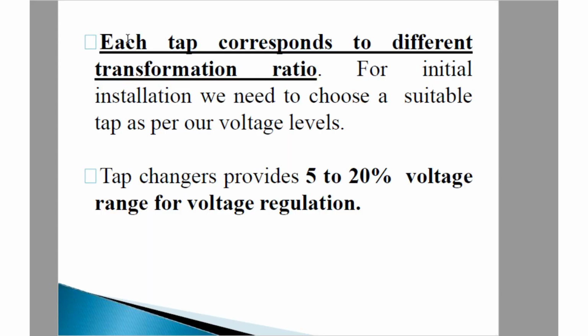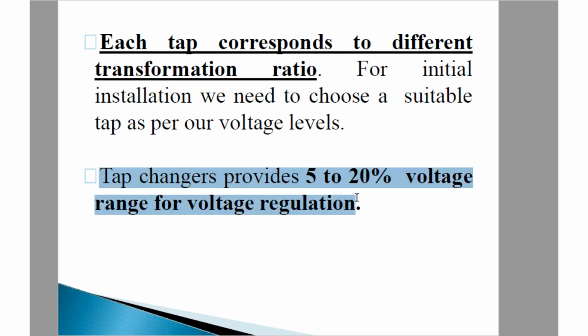Each tap corresponds to a different transformation ratio. For initial installation, we need to choose a suitable tap as per our voltage levels. Tap changers provide a 5 to 20% voltage range for voltage regulation.